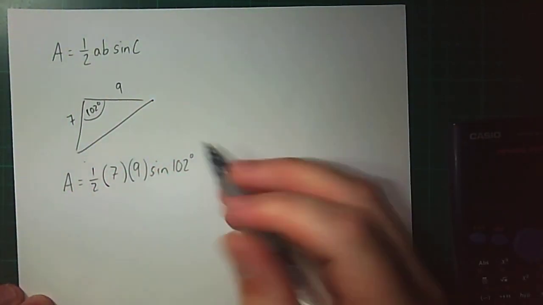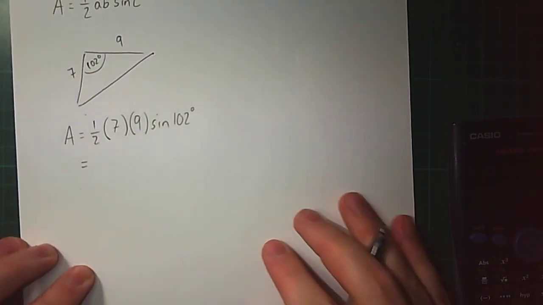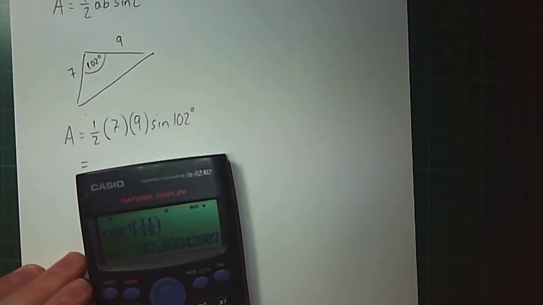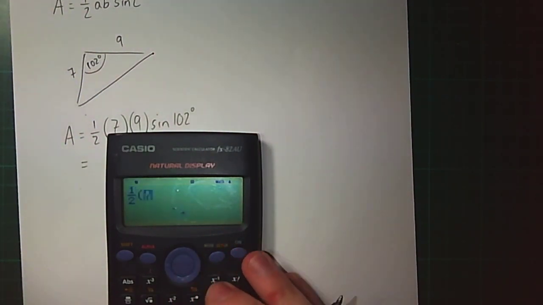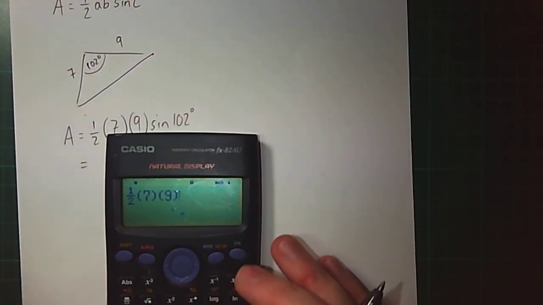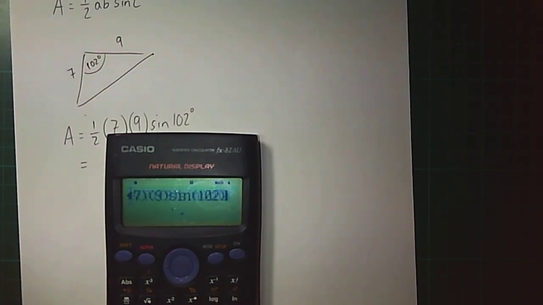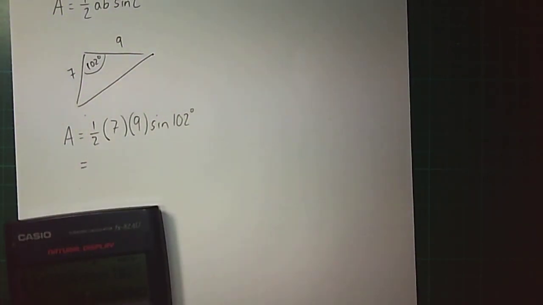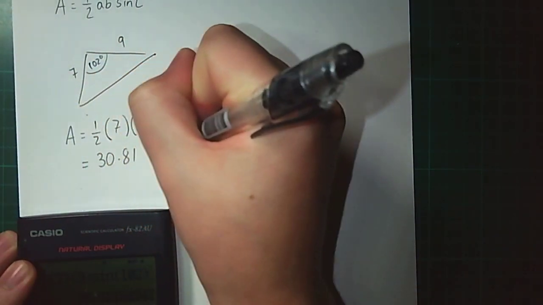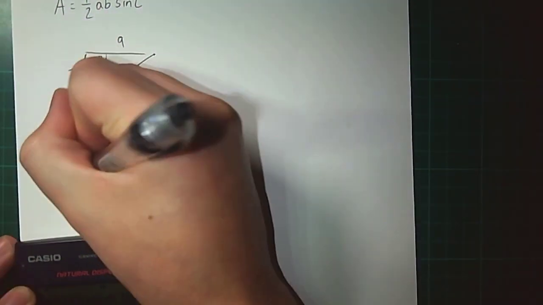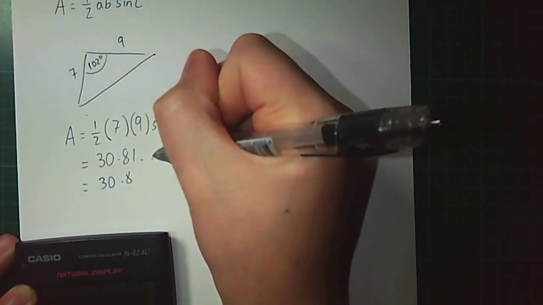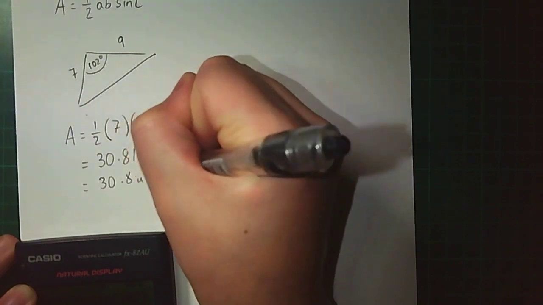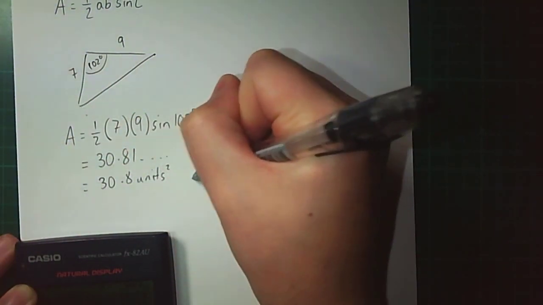Okay, now we've got that all there. We just pop it into our formula, into the calculator. So we have our half, lots of 7, lots of 9, sine 102, and the area will be 30.81, which we'll just say to one decimal place is 30.8 units squared.